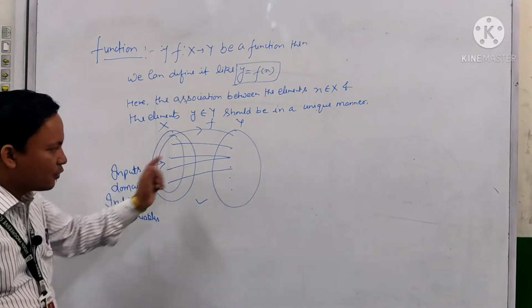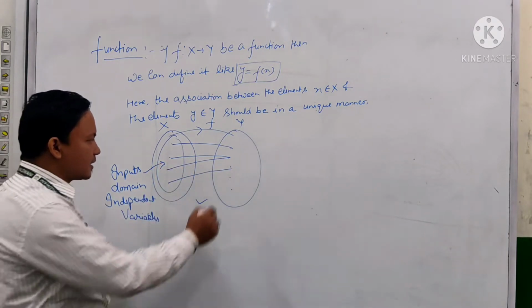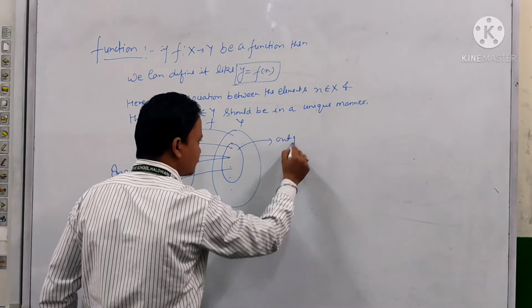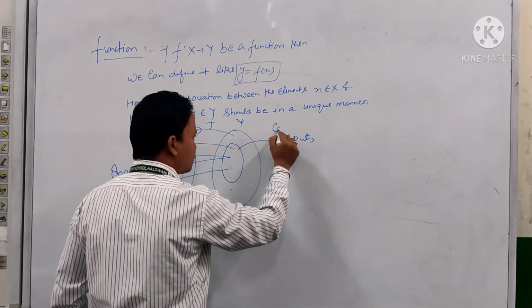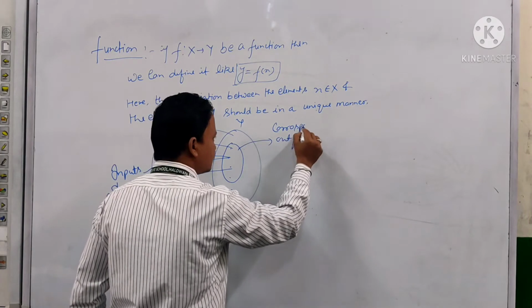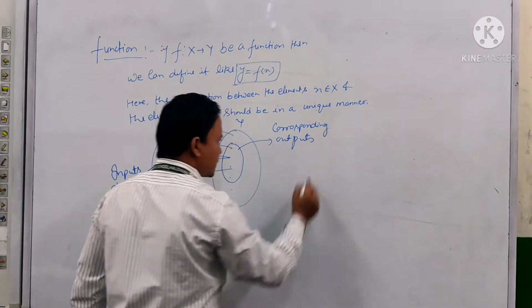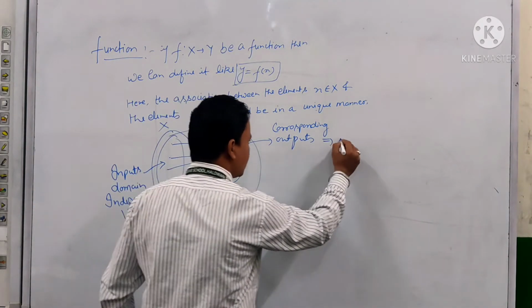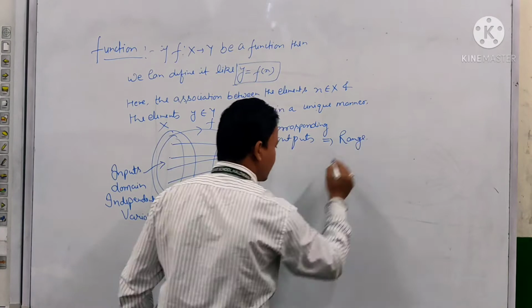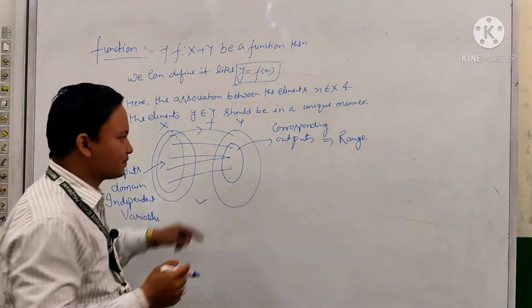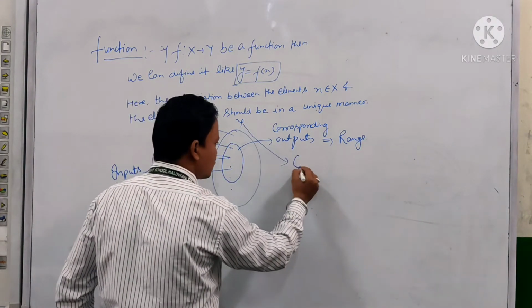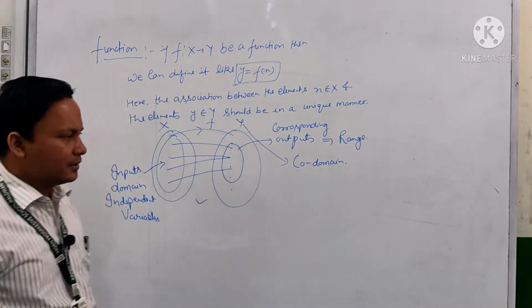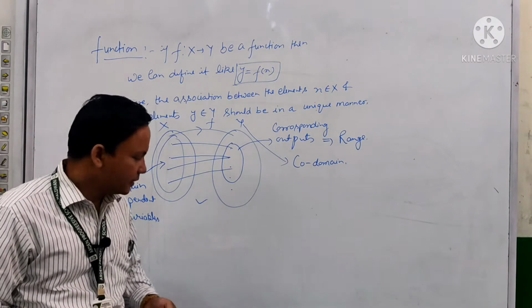And the corresponding outputs of set y are known as the range. And the whole set y is said to be the codomain.